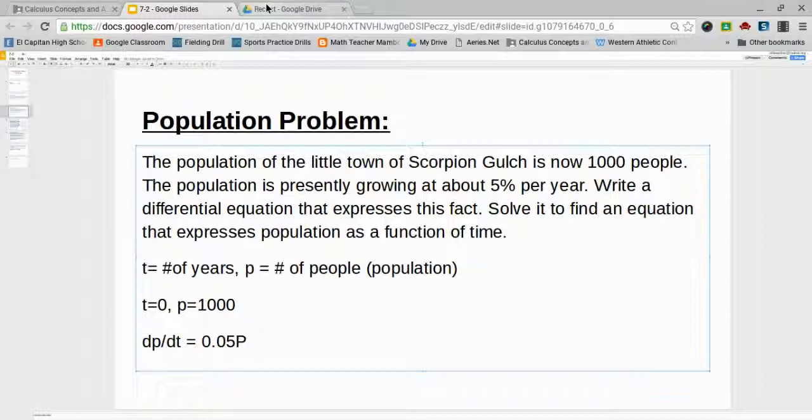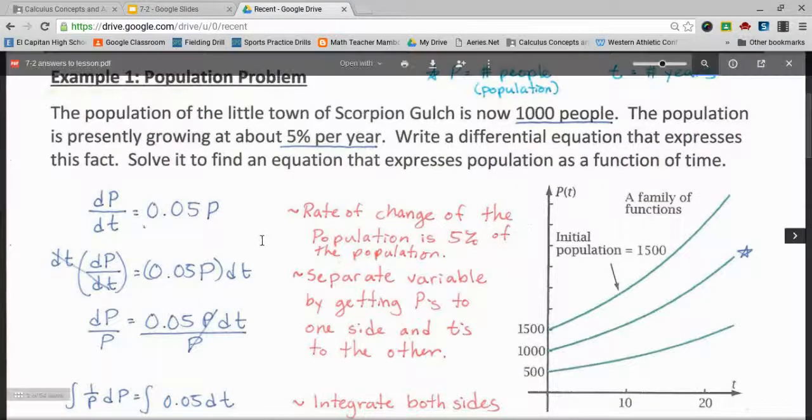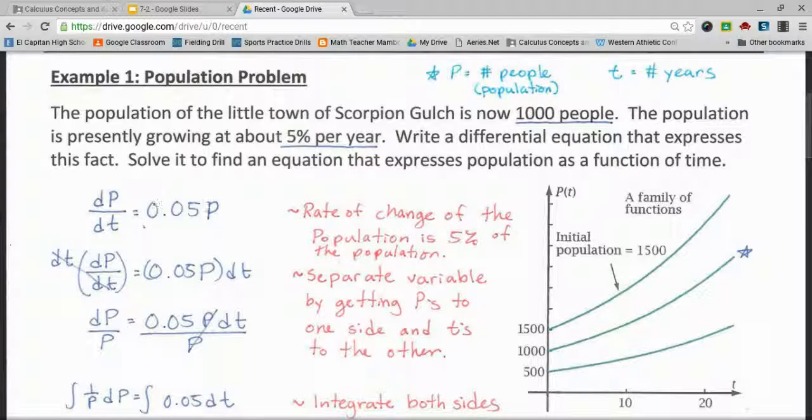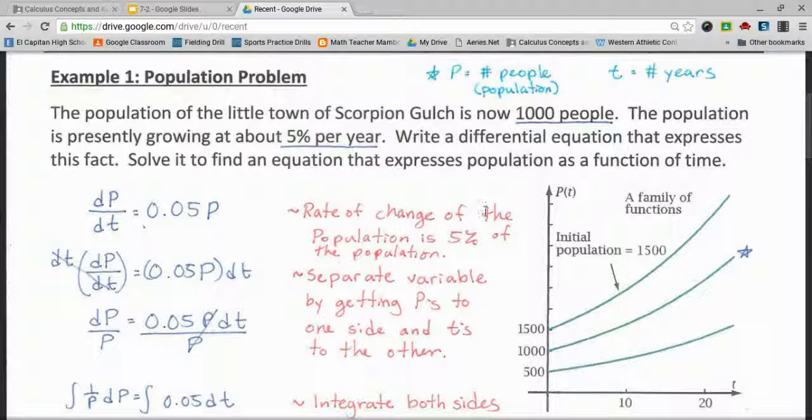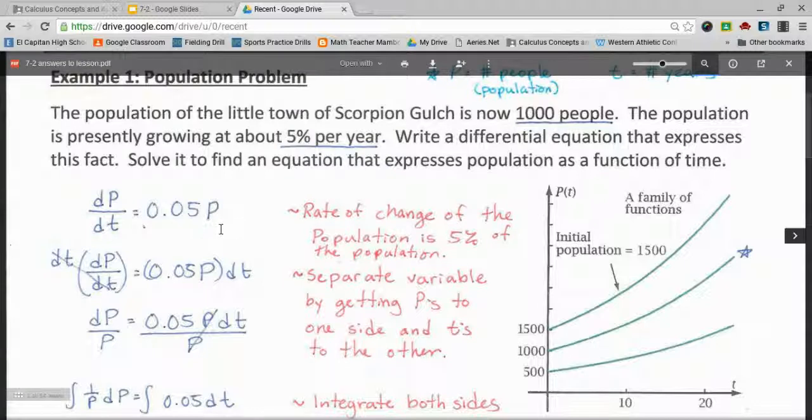So if I go to what you guys saw today in class, so far this is what we have right now. dP/dt equals 0.05 times population. Again, this is a rate of change of the population, and it's 5% of the population.